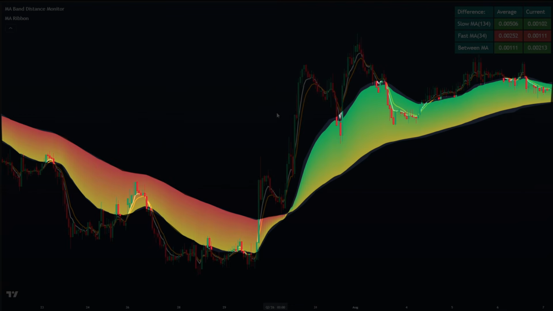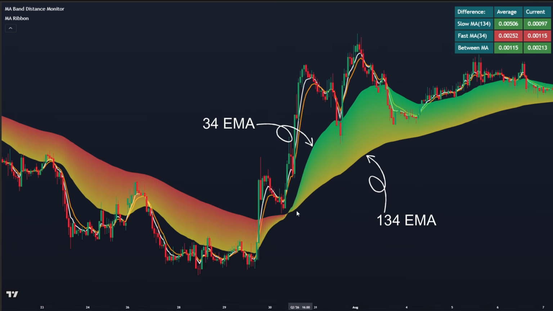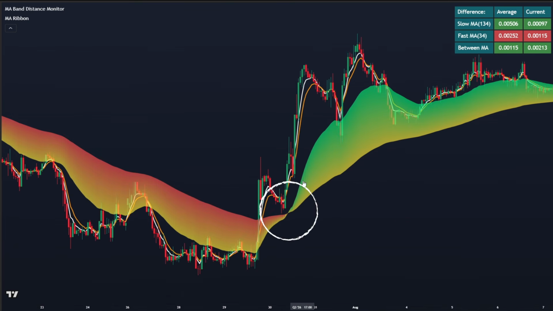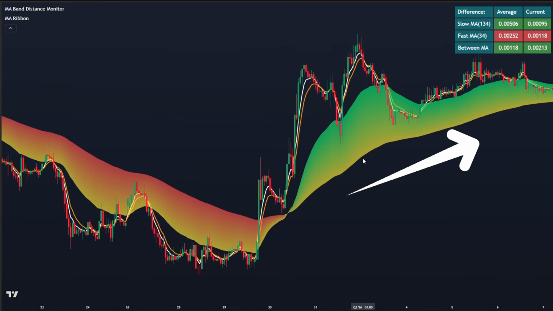First, focus on this cloud. Inside this indicator, we have a faster 34 EMA and a slower 134 EMA. When the 34 EMA crosses above the 134 EMA, the cloud turns green. That tells us the market is currently showing bullish momentum. So from that point forward, we're mainly interested in looking for buy setups.